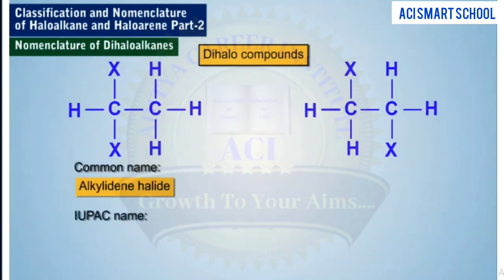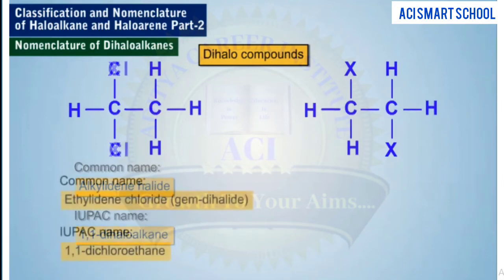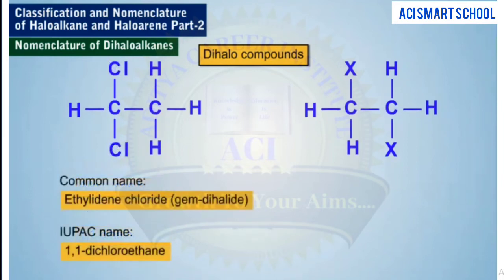In the IUPAC system, they are named 1,1-dihaloalkanes. Thus, the molecule shown here can be called ethylidene chloride. Its IUPAC name is 1,1-dichloroethane.